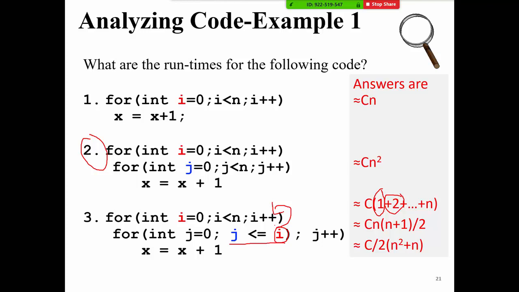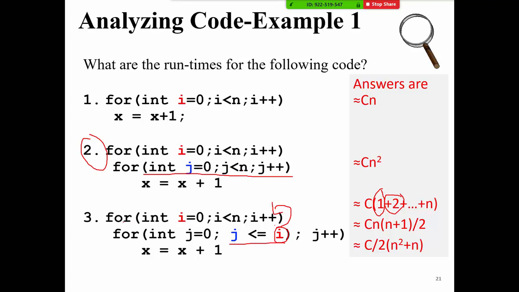Compared to example 2, the inner loop is independent from the outer loop. So i does not control the inner loop. The only thing there is i running from 0 to n and j running from 0 to n. So both are independent of each other.